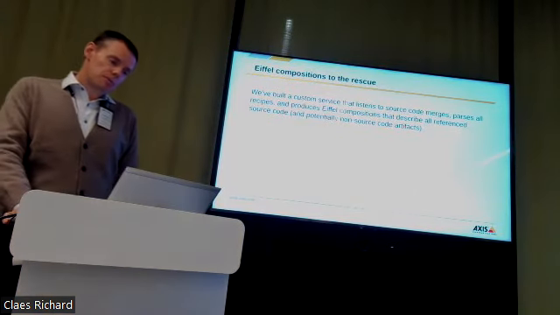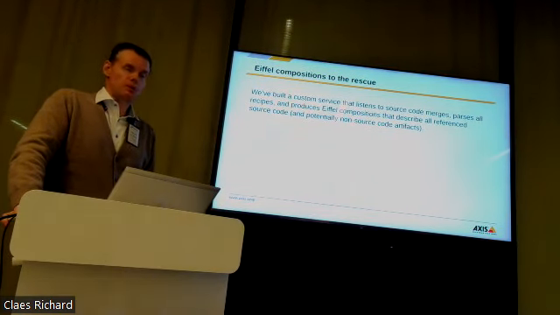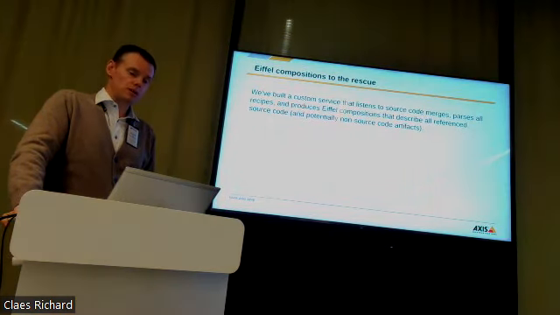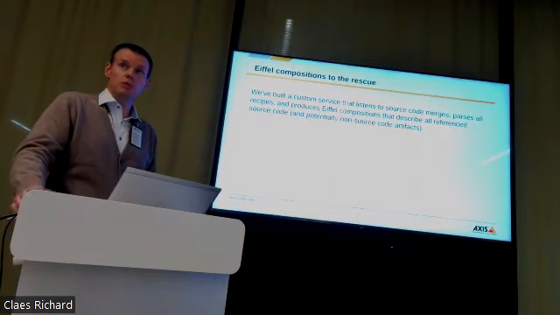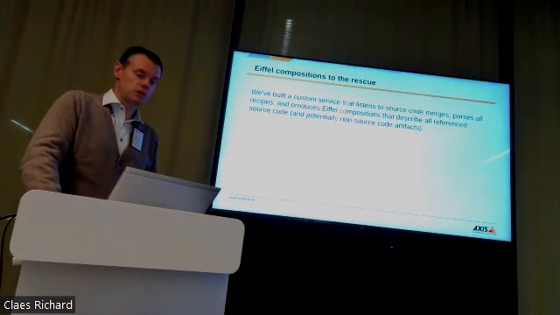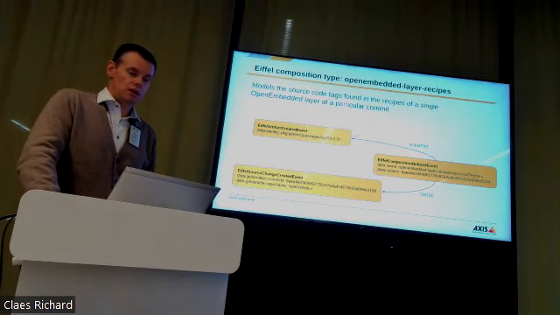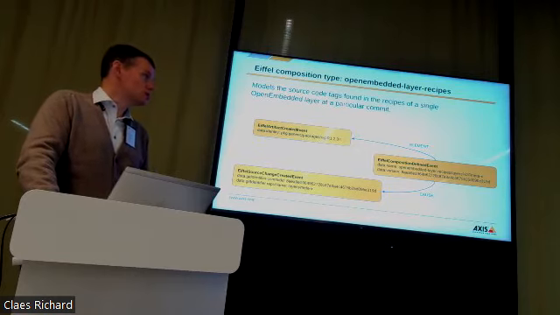To solve the traceability, we have started to produce Eiffel compositions for this. And this is really exactly what we talked about yesterday and with Azim's question. And we produce 2 kinds of recipes. First of all, we produce compositions that detail what is in a layer.